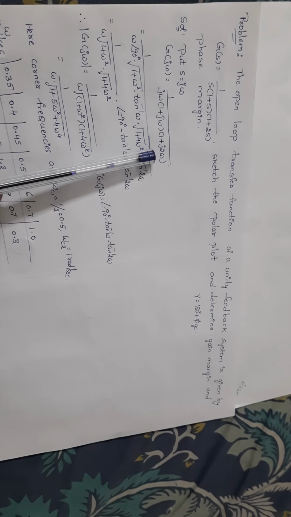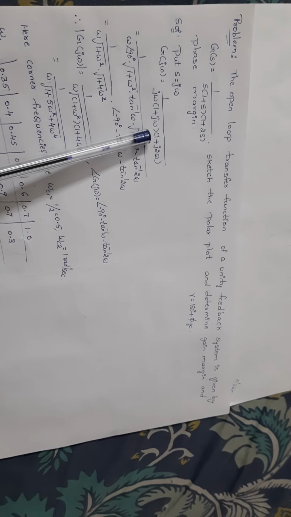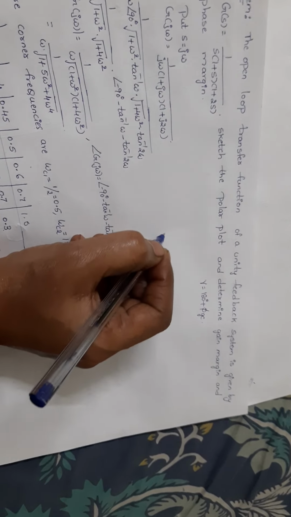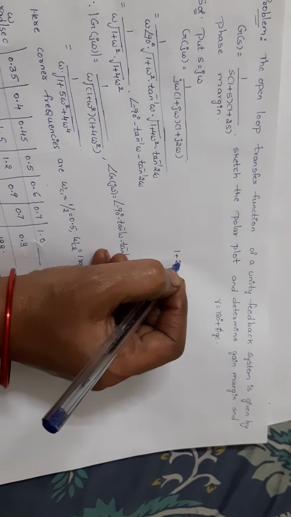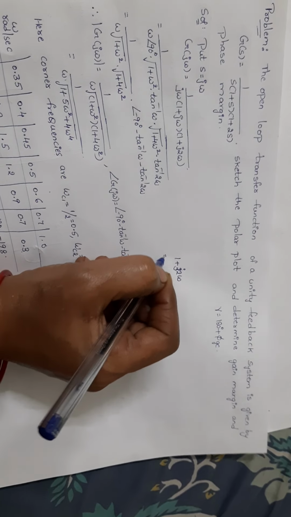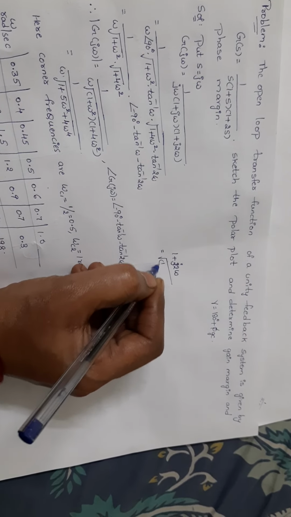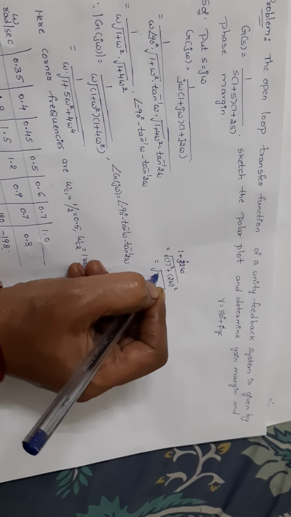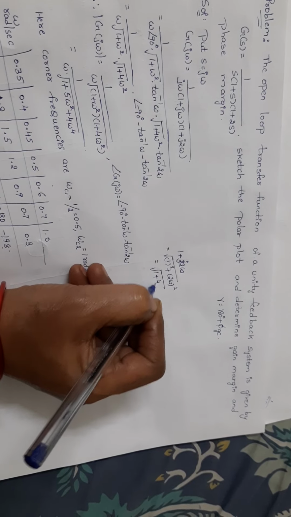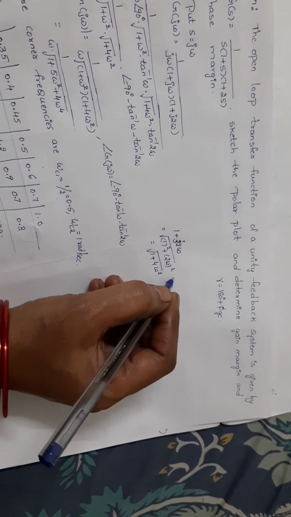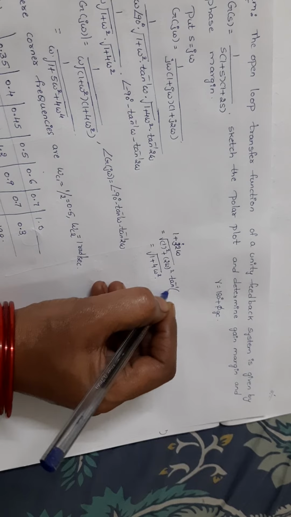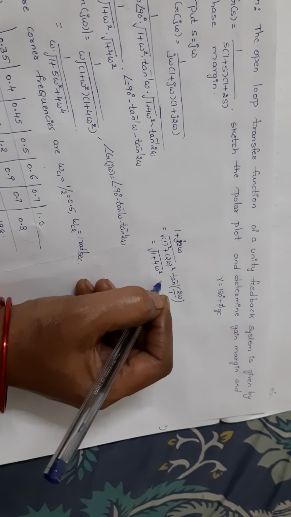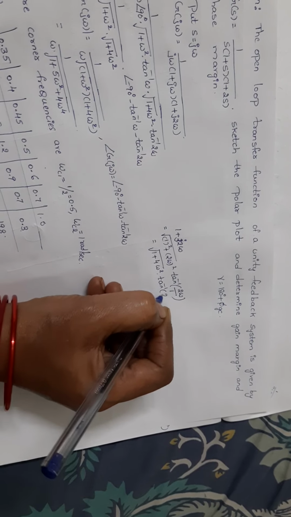The same way for 1 + j2ω, the magnitude is root of 1 plus 4ω squared, and the phase angle is tan inverse 2ω.